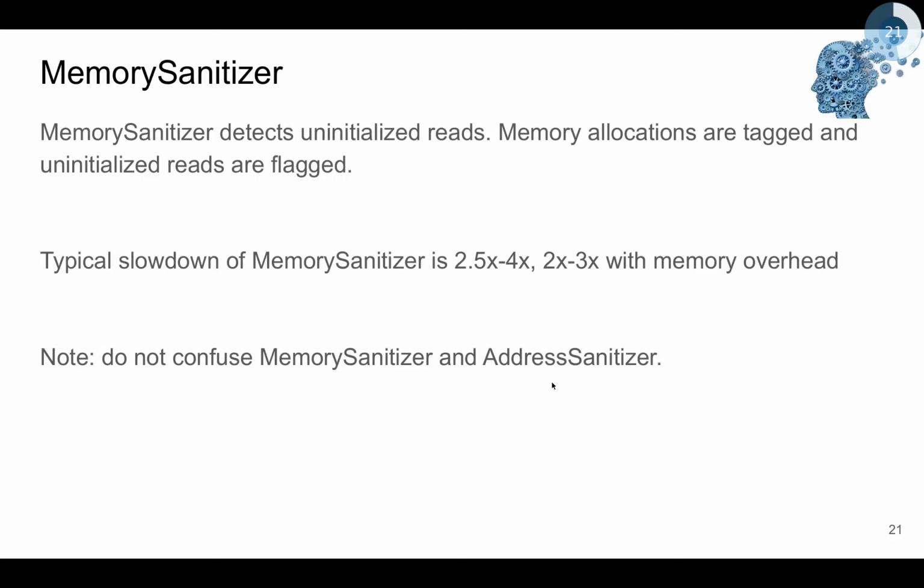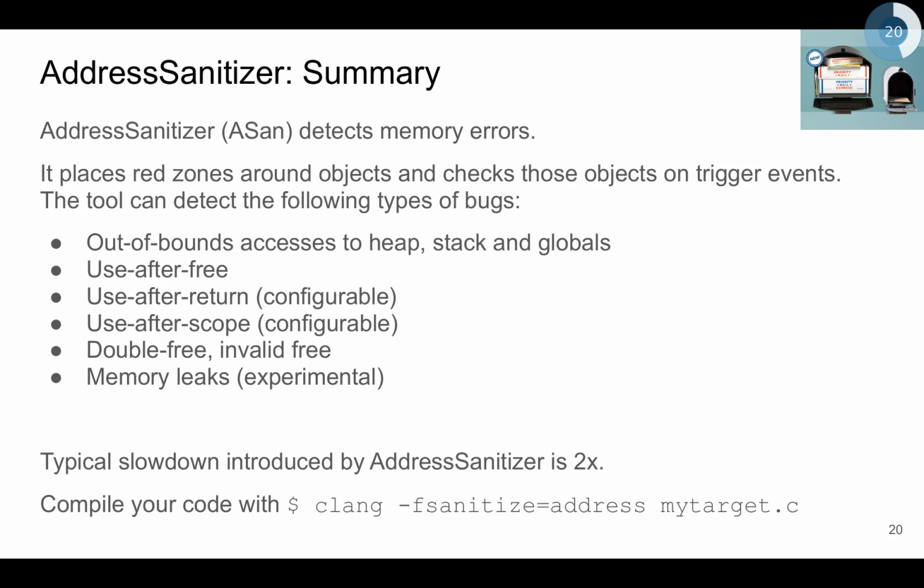A lot of the questions actually focused on differences between softbound and address sanitizer. So address sanitizer does not store anything about the pointer itself. So it's very, very lightweight. Well, conceptually lightweight. Let's put it that way.